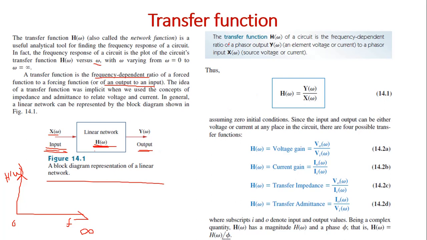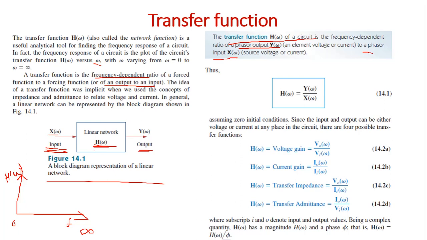Now the transfer function H of omega of a circuit is the frequency dependent ratio of the phasor output Y of omega, that is an element voltage or current, to the phasor input X of omega, the source voltage or current. So the transfer function is nothing but the ratio of output by input.